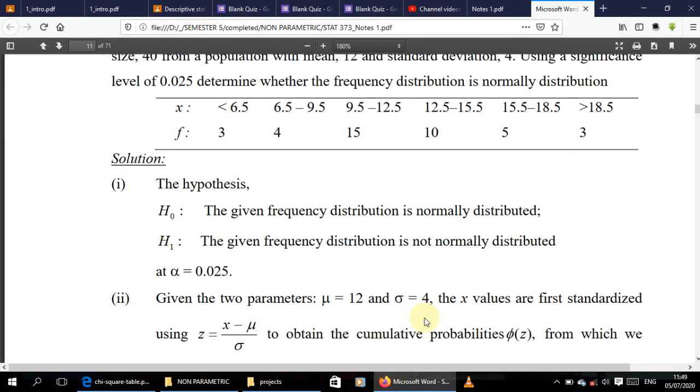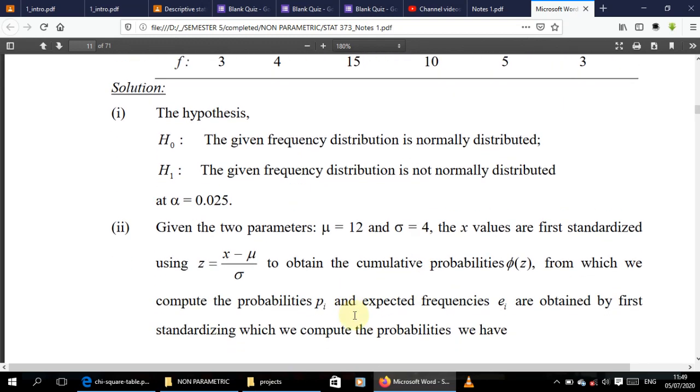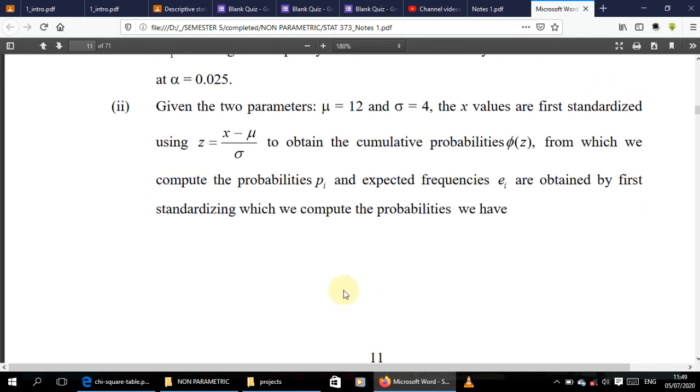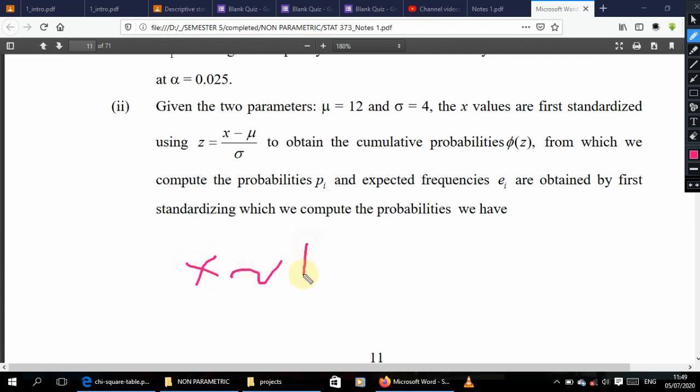So stating the hypothesis, you are okay. Now you have to calculate the probabilities, and this is not standard normal. This is not standard normal distribution, so you have to standardize it. Remember that for the standard normal distribution, we say that if x follows the standard normal distribution, then you have a mean of 0 and then a variance of what? 1.